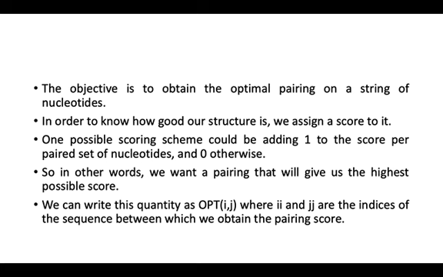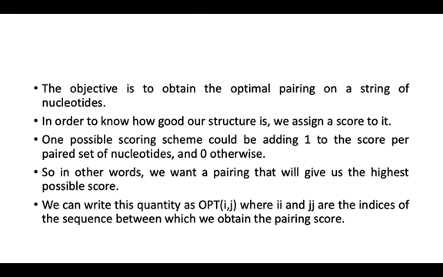In order to know how good our structure is, we assign a score to it. One possible scoring scheme could be adding 1 to the score per paired set of nucleotides and 0 otherwise. If the nucleotides are going to be paired, we score it 1 and otherwise 0.